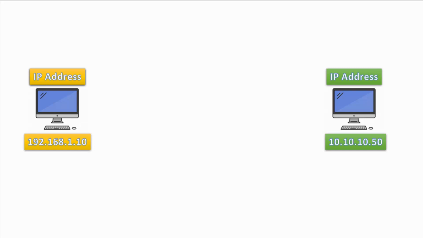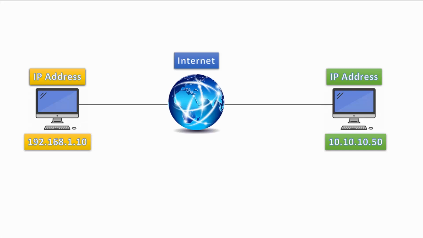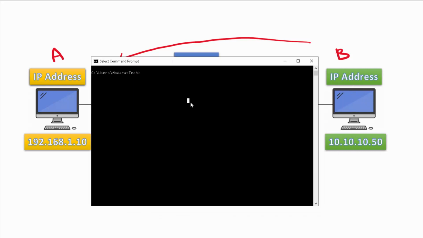First of all, let's assume you are trying to talk to someone in another state. So let's say computer A here in this section is trying to talk to computer B over the internet, right? Now, in order to do that, let me first show you the IP address of my computer so at least you get an idea of how it looks. So ipconfig.